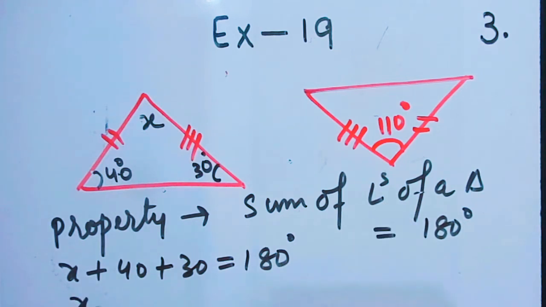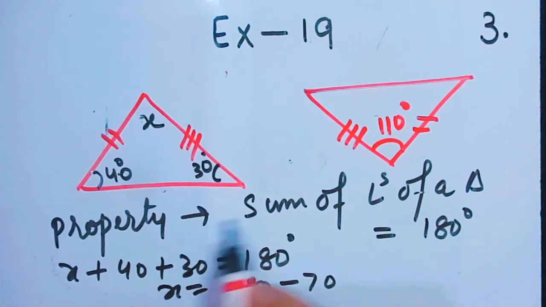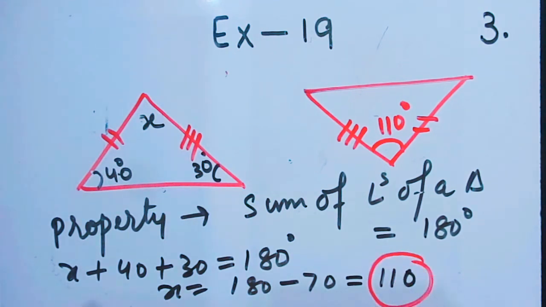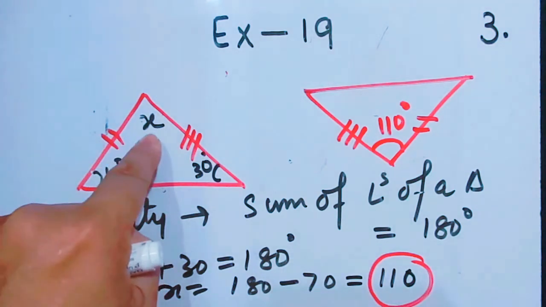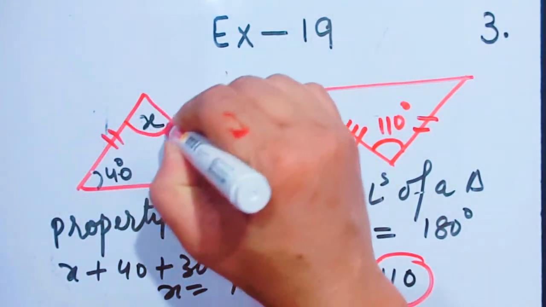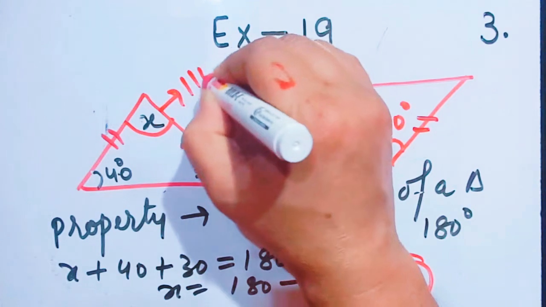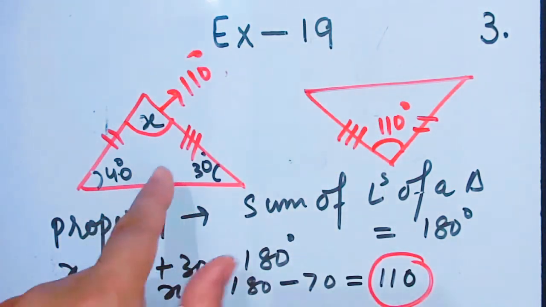Therefore, x will be equal to 180 minus 70 degrees, 40 plus 30 is 70. 70 will go to that side and become negative, so x is equal to 110. Oh my dear, this means I have found that this particular angle which was hidden was actually 110 degrees.